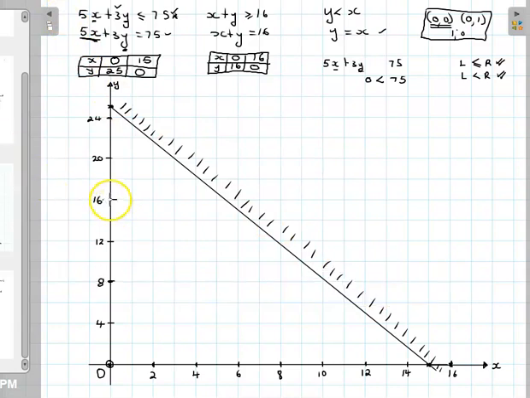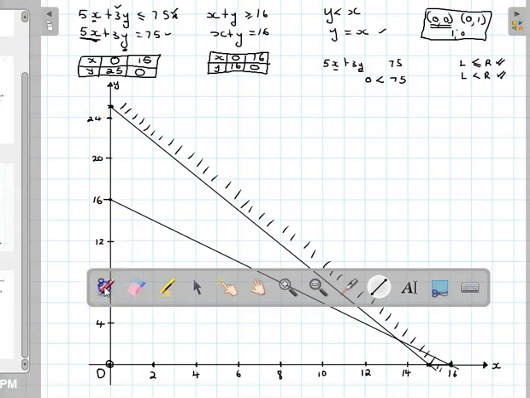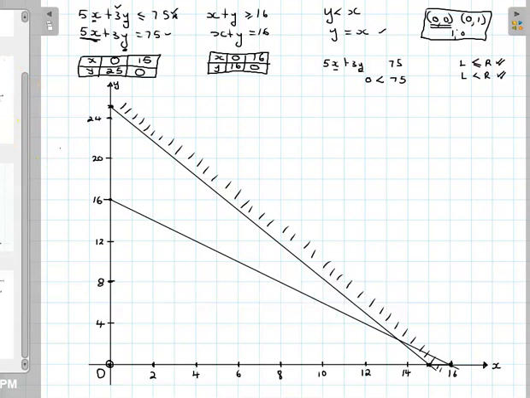Then we come here, pick our line, and off we go. It must pass through here. There we go. Now we go back and we're trying to make our decision which side to shade. Again, our line does not pass through 0, 0, so we will use 0, 0. And our line now is x plus y, and this side there is 16.